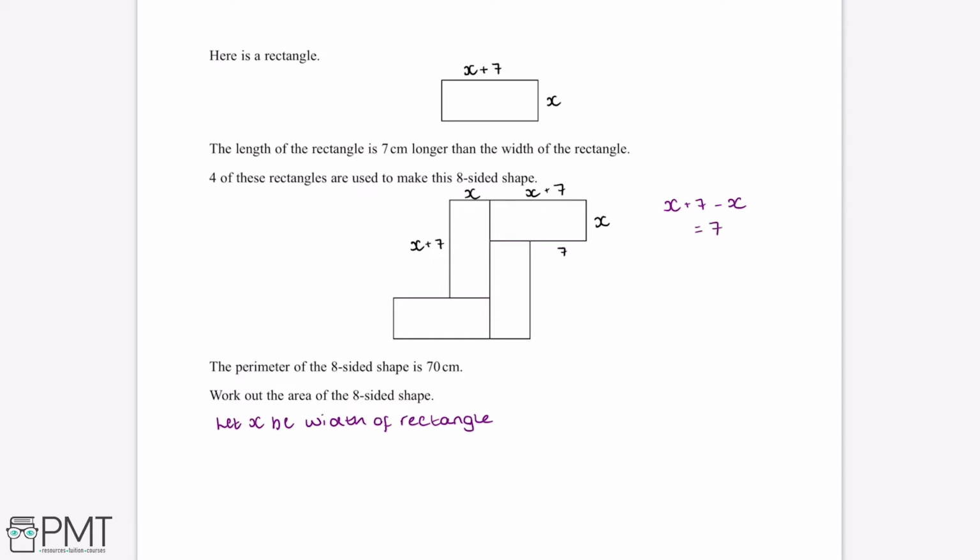The next side is x plus 7 centimetres. This is a width, so will be x centimetres. This is a length, so will be x plus 7 centimetres. The next side is a width. And then finally we have another side which will be equal to 7 centimetres. Because again, this is a length, and then this shorter side here is a width.